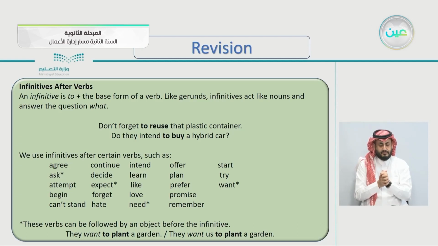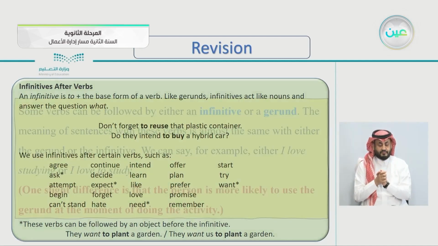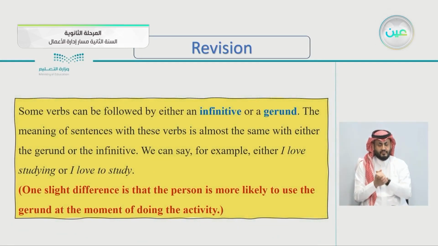And notice here, these verbs, the ones with the marks here, can be followed by an object before the infinitive. For example, they want to plant a garden, or they want us to plant a garden. Some verbs can be followed by either an infinitive or a gerund. The meaning of sentences with these verbs is almost the same with either the gerund or the infinitive.